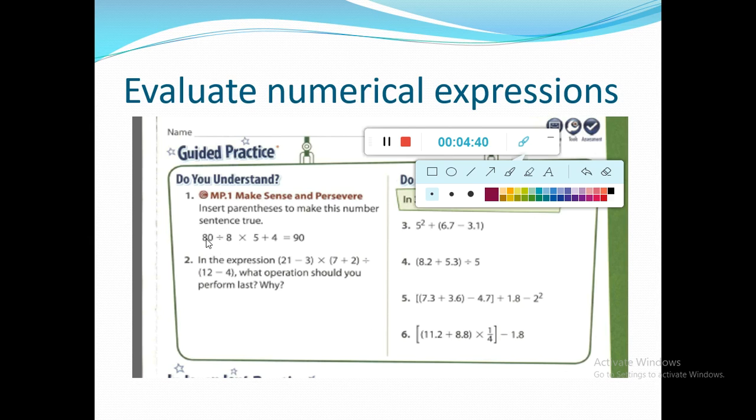It will become 8 divided by 80 equals 10. Multiply. Now we go to the second parentheses. 5 plus 4 equals 9. So here we have 10 multiply 9 equals 90. So the parentheses will be here and here.